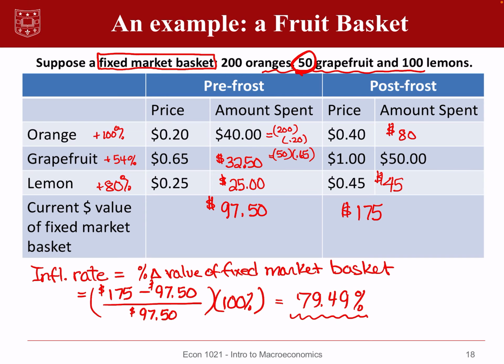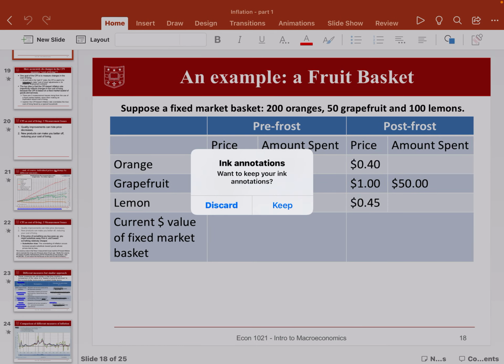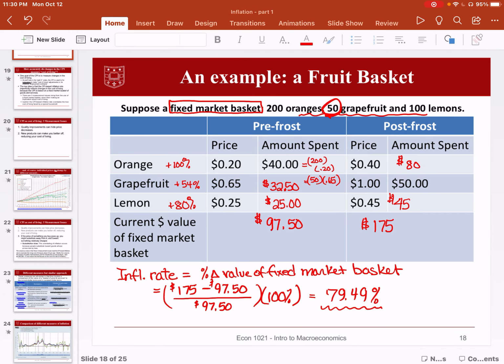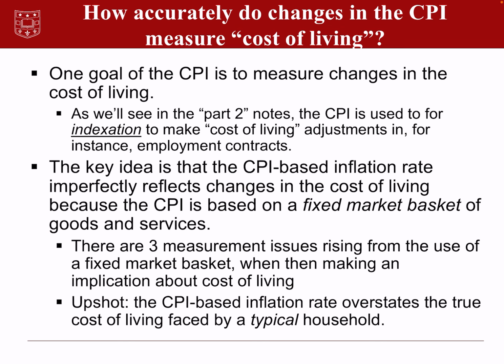What I want to do at this point is turn our attention to thinking about the extent to which the CPI accurately measures the cost of living. So, again, the CPI's goal is to do that, and we use it as such. So, it's an interesting academic exercise to say, how robust is that?